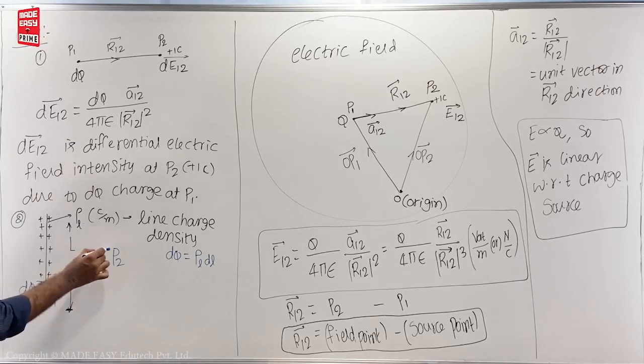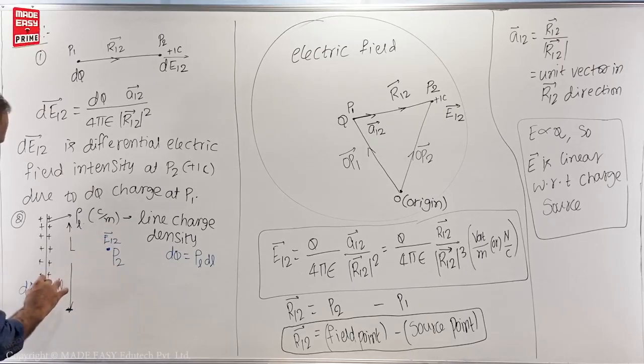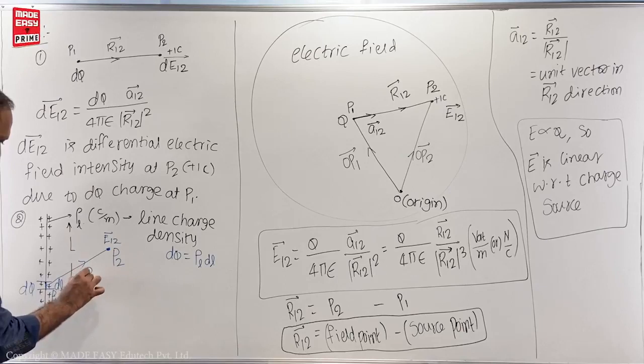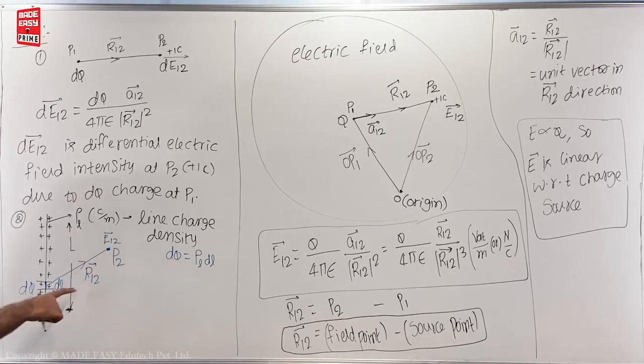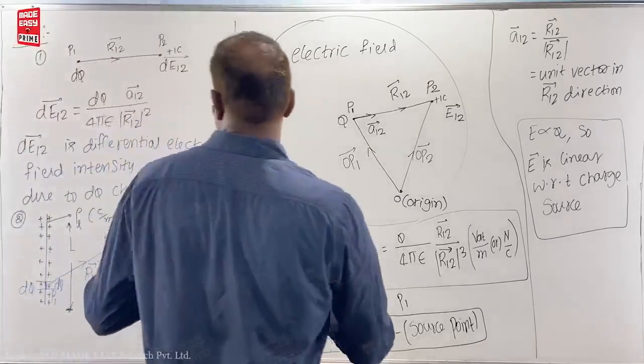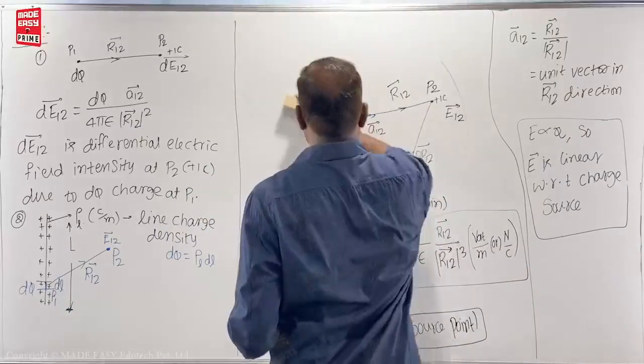Now you want electric field intensity here, then draw the R12 bar here. This is R12 bar. R12 bar is nothing but point 2 minus point 1. What is point 1? Wherever small charge is there, that is point 1 actually. Now what is the formula of that one?